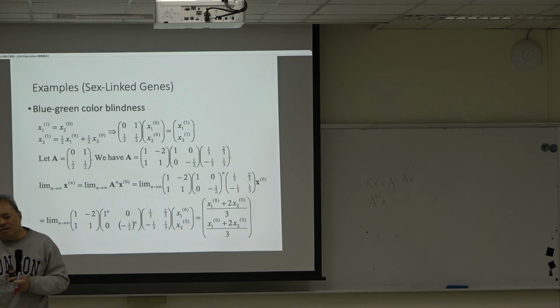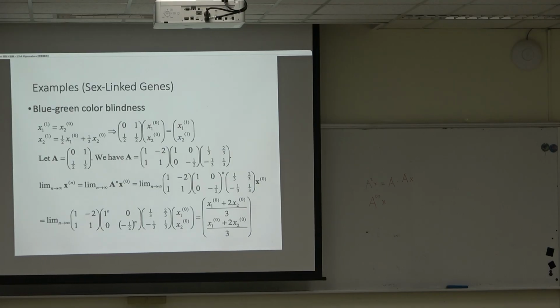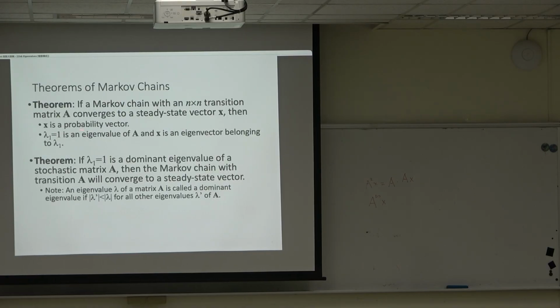What does that mean? Your x is no longer a probability vector. It's going to be 0, 0, right? But it's not possible. So for a Markov chain, if there's a steady state, you must have lambda be 1.